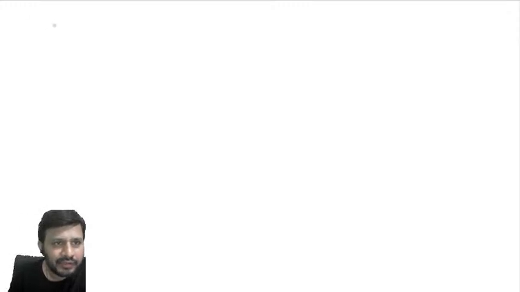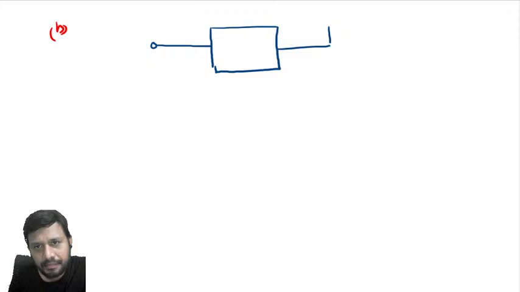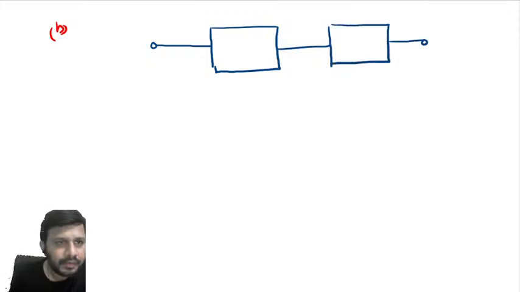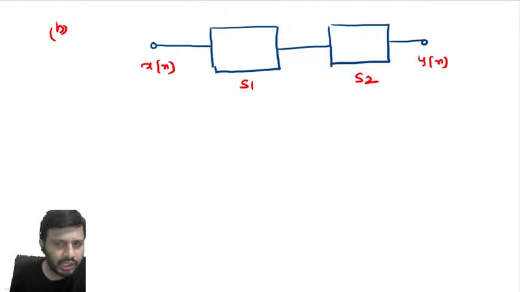In the B bit, he has taken the systems like this. This is x of n, this is y of n, this is S1, S2. Now what it means to say is, if S1 and S2 are non-linear, can you guarantee that output is also non-linear?